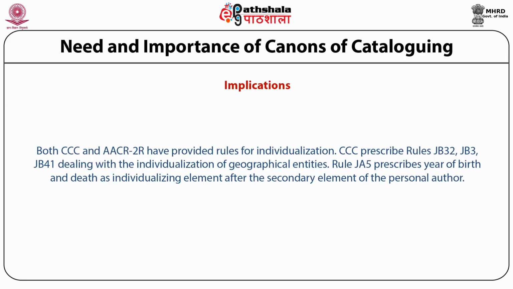Rule number J5 prescribes year of birth and year of death as individualizing element after the secondary element of the personal author. Rule number JC21 prescribes that the year of formation is to be added as individualizing element in the case of temporary organ of government.